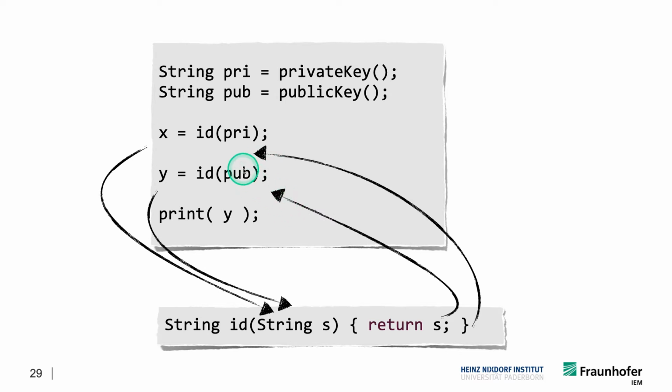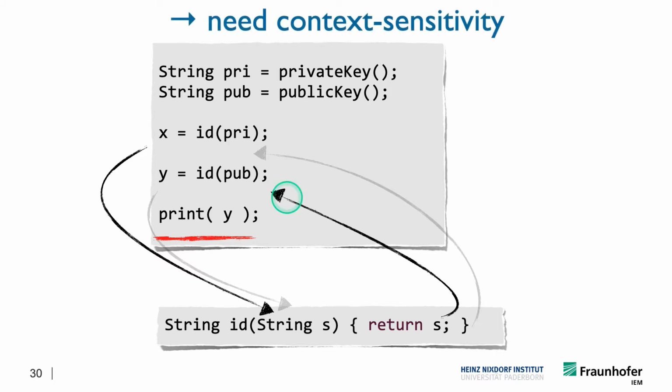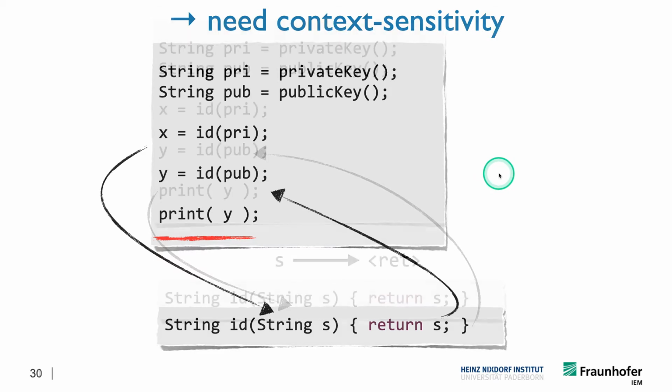So we may have a flow that is actually being propagated from this private value here back to this y variable here, which is then eventually leaked, right? So basically this data flow, and that will then again give us a false warning, which we don't want. And that's of course why context sensitivity is so important. And like I said, again, previous tools, they didn't really implement it that way.